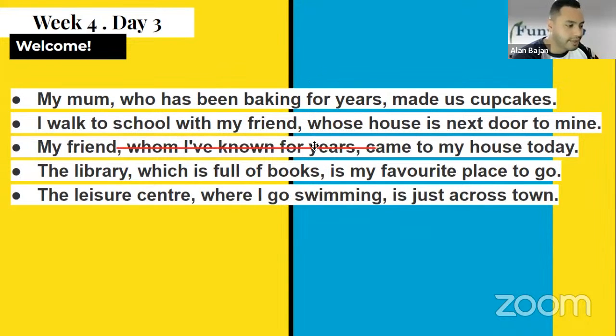So class, if I say, my friend came to my house today, that sentence is complete. It's general, right? But I can't communicate much with that sentence. But if you want to give extra information, can you see the commas here?